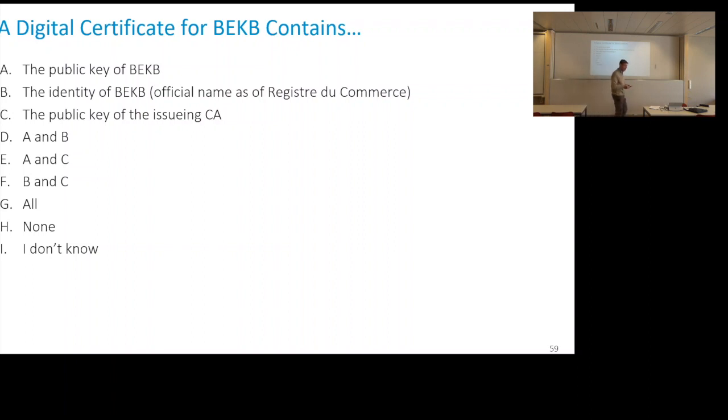And the majority says G, but, well, it might be true, but if the certificate contains C, probably I should not use it. Because a certificate should contain the public key of the bank, the identity, so that we check that the public key is in reality this one, and of course a signature. But the public key of the issuing certification authority will be used for verifying the signature. So if you put the public key in the certificate, I mean, anybody can do a certificate.